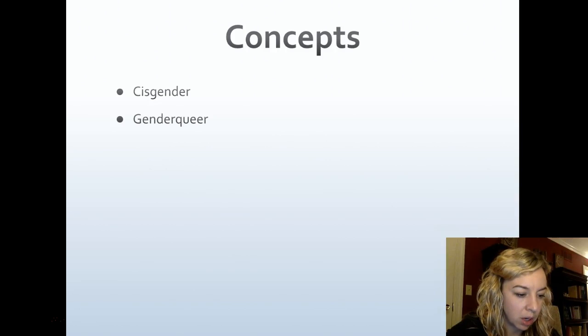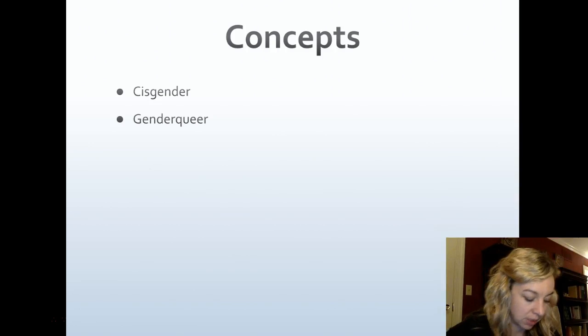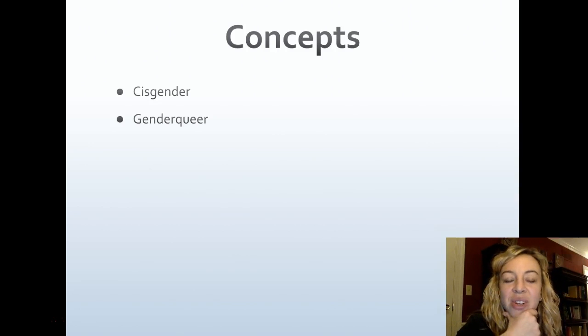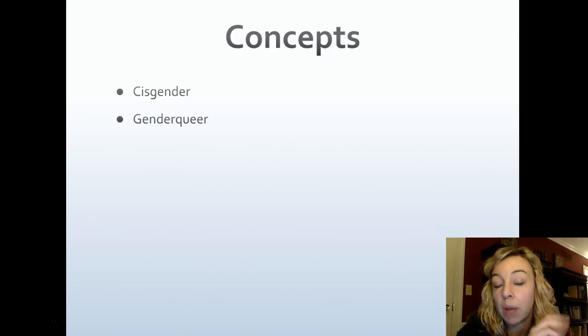Genderqueer, I think I have notes on this somewhere, but I'm missing it. Someone might use that term if they don't necessarily identify within the gender binary. So they might say that they're genderqueer, maybe some sort of combination.